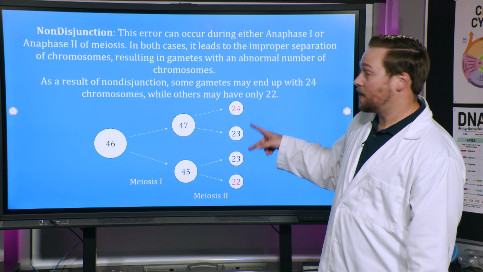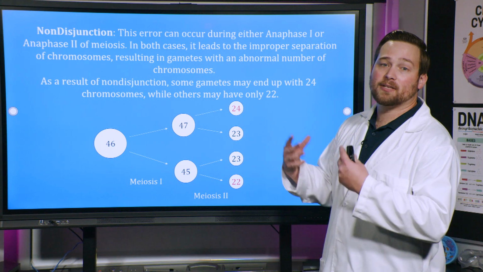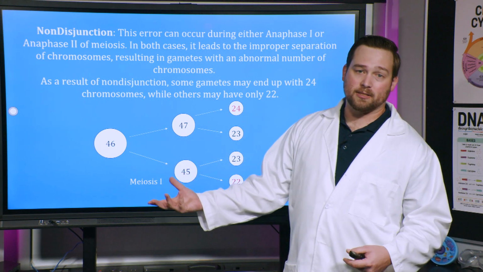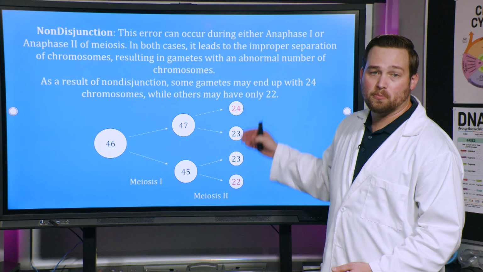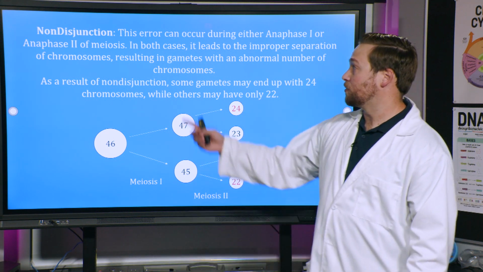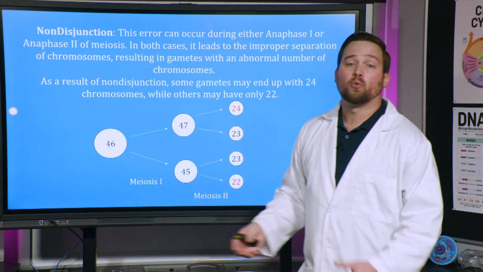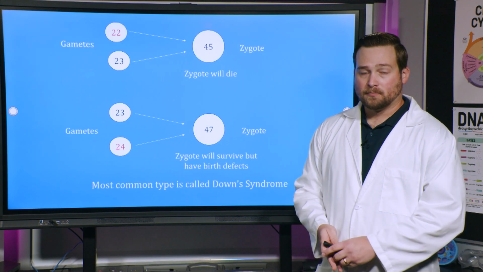These two are fine, but if either one of these is used in that fertilization process, then the zygote and the ultimate organism that's made as a result of it will have too few or too many chromosomes, and that's going to have a lot of problems down the road. And this is all a result of non-disjunction, which is when the chromosomes don't separate properly, okay?